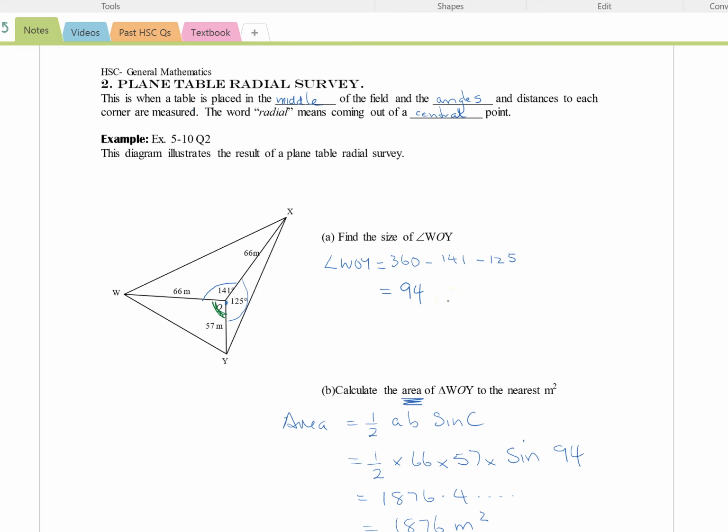Now, the reason they've asked you to calculate that angle is because they go on to ask you to find the area of the triangle. So it's now area. Remember the formula for area? Triangle WOY. So it's this triangle here.